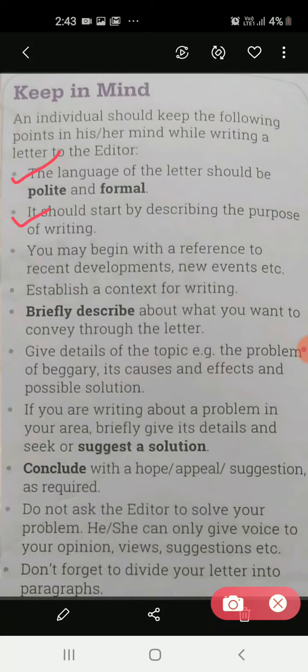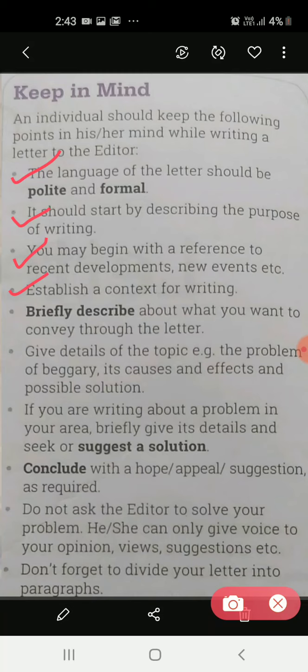You should not miss on this. You might begin with a reference to recent developments, new events, etc. And after this, you have to establish a context for writing. You cannot just go on writing anything. You have to understand what you are writing about and briefly describe what you want to convey through the letter.